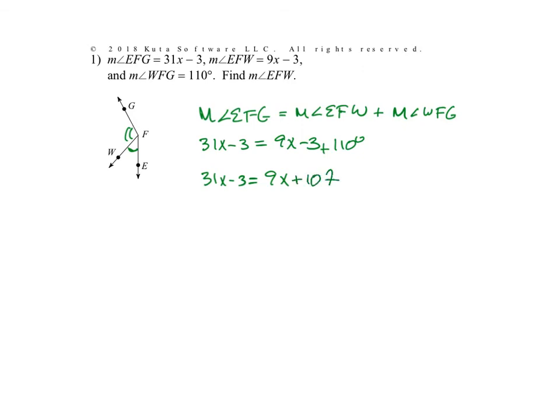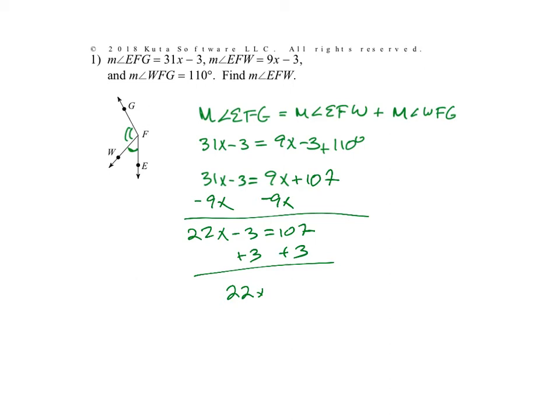I'm going to subtract 9x on both sides. So 22x minus 3 equals 107. Add 3 on both sides. So 22x equals 110, and I'm going to divide by 22 on both sides. So x equals 5.